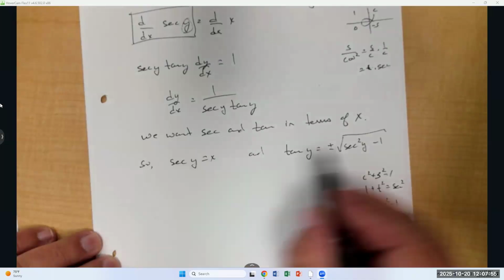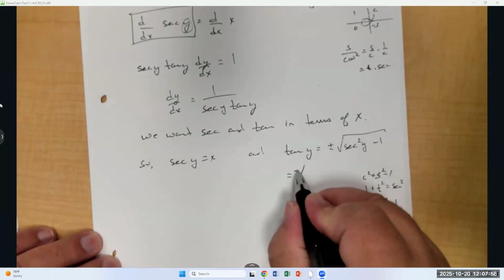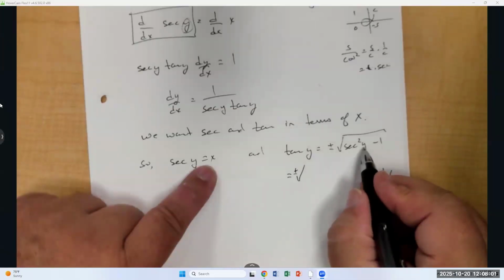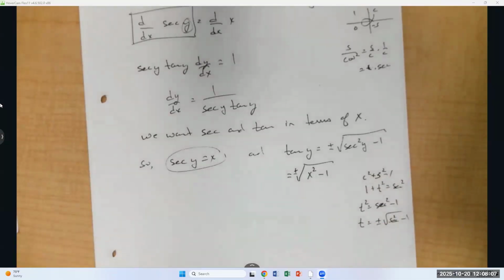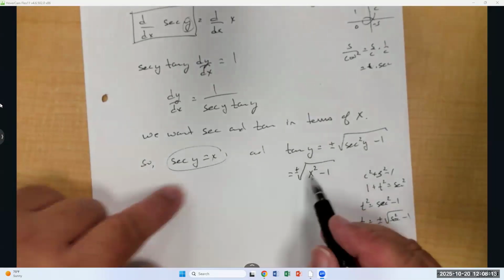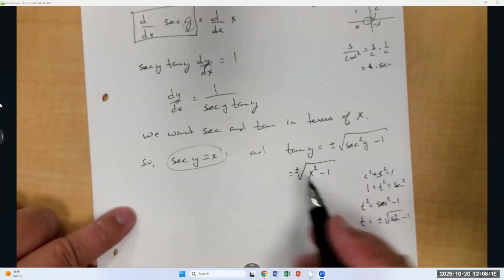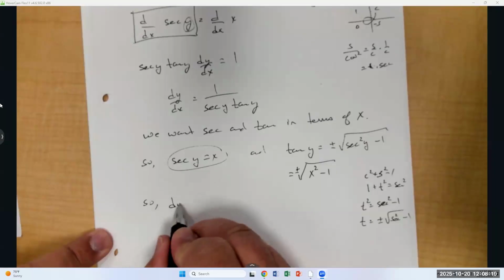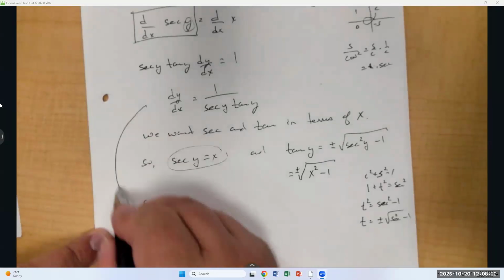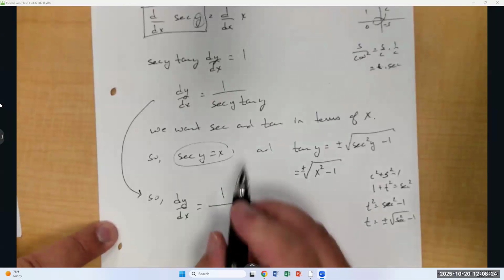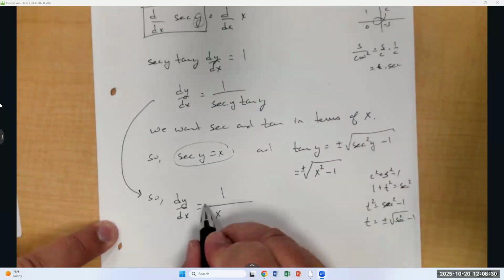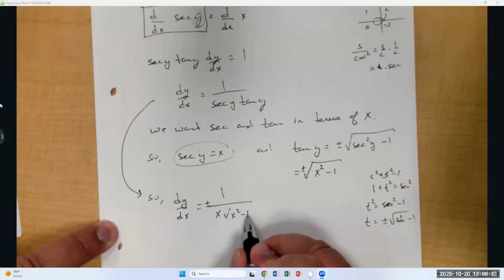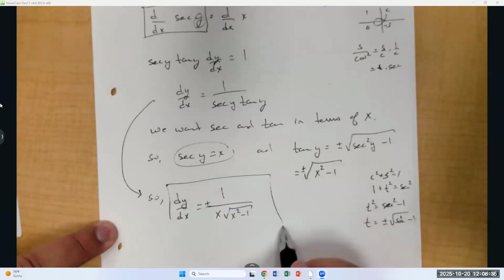Secant y is equal to x, so it's x squared minus 1 because of this. So now we can take both of these and put them in place of there. So the dy dx now becomes 1 over secant y, which is x, times tangent y, which is plus or minus square root of x squared minus 1. And there's a derivative of that.